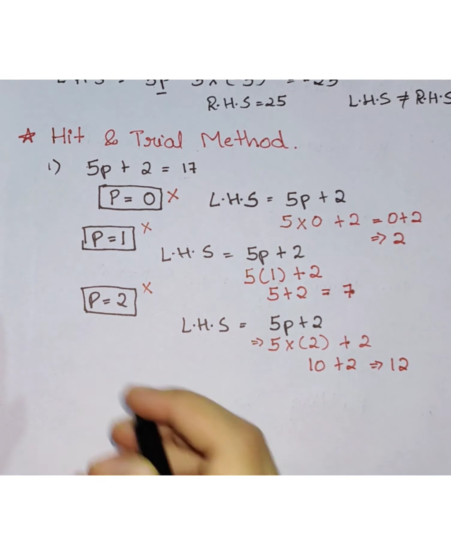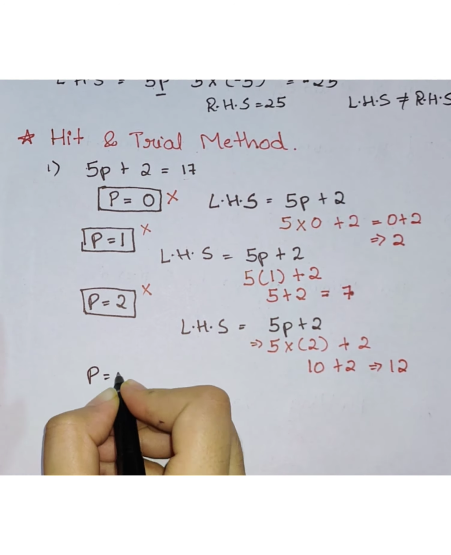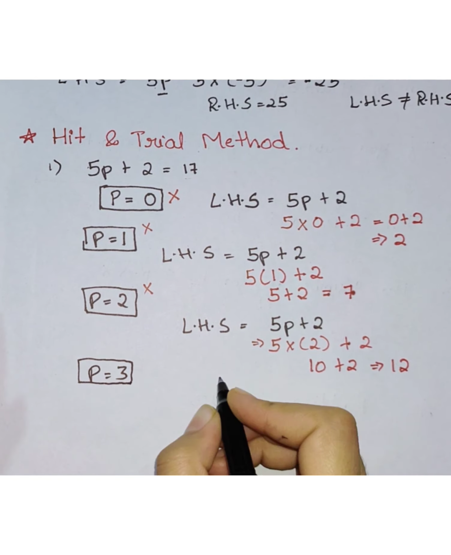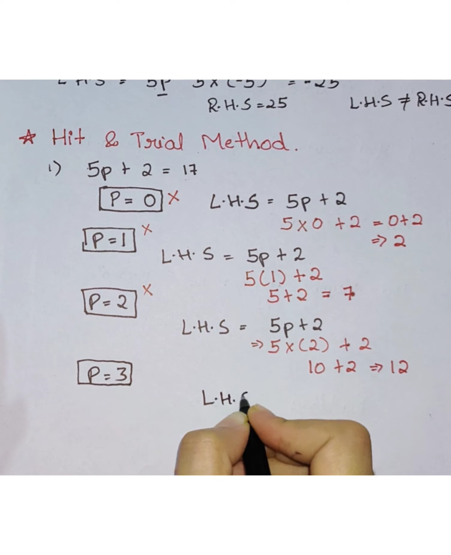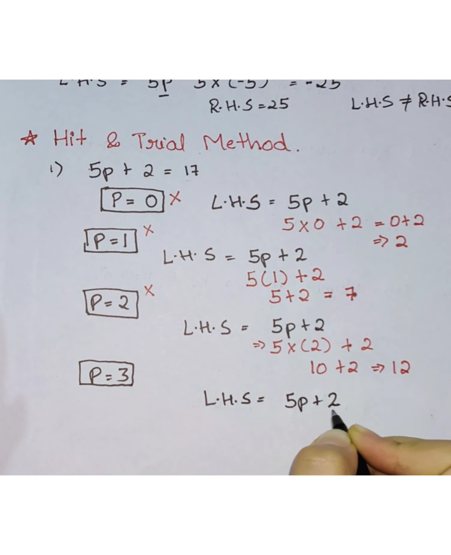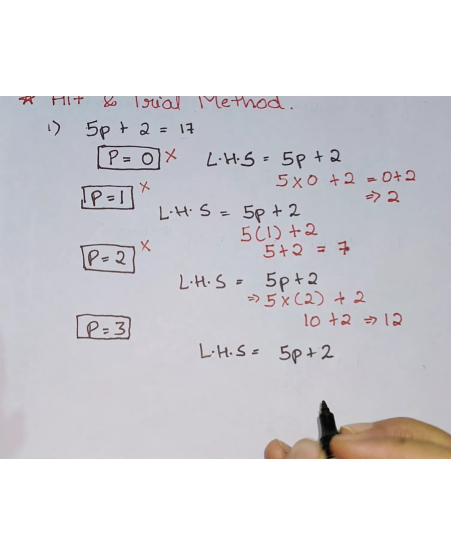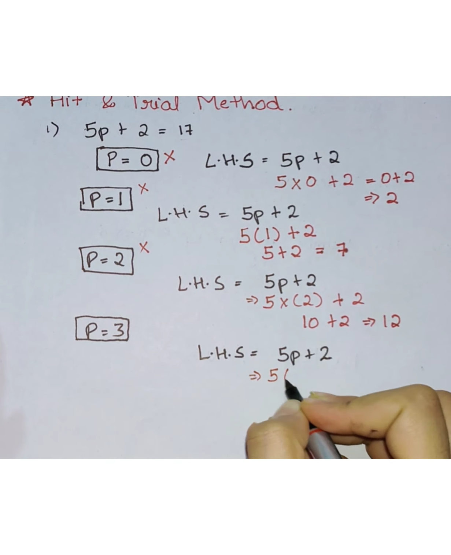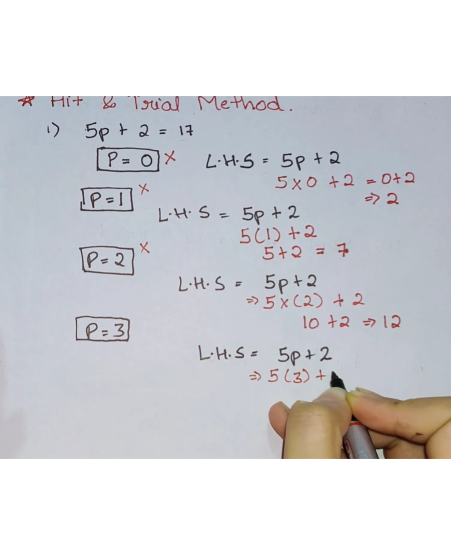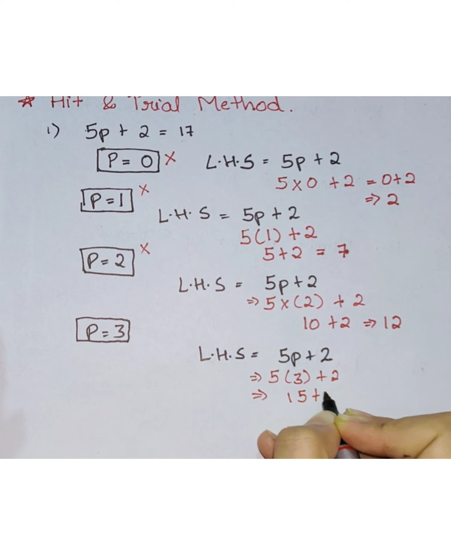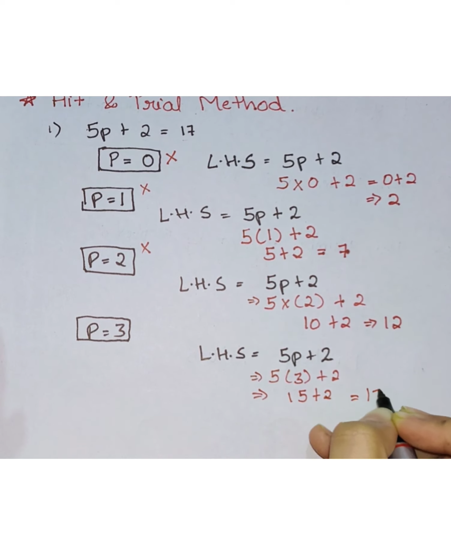Next we'll check for p is equal to 3. Our left hand side is 5p plus 2. Now we'll put p is equal to 3. So 5 into 3 plus 2. 5 threes are 15, plus 2 is equal to 17.